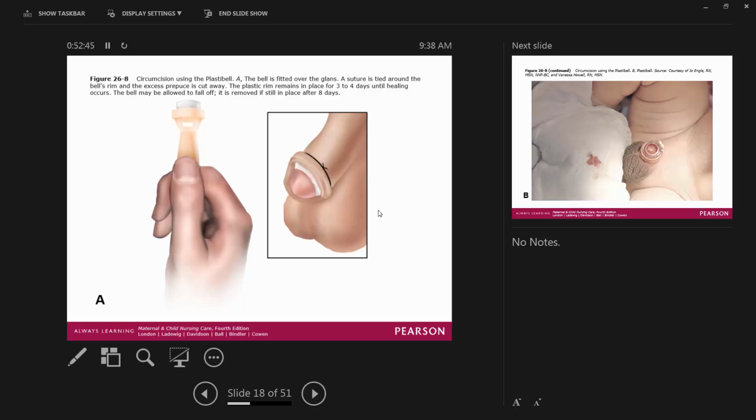So they've loosened it all up around, and then they slide this little hat in, okay? They pull the foreskin taut, and then they take this string and tie it around this little edge here. Okay, and it kind of holds that string in place. It's kind of like a little trough for the string.